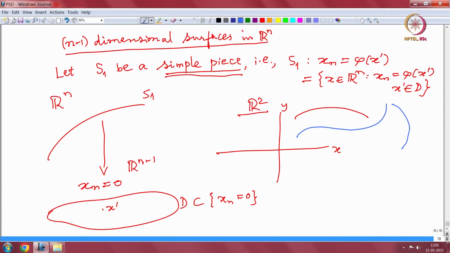But then there are also complicated curves, which are not simple.